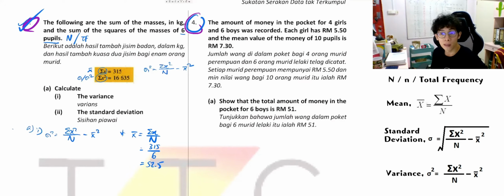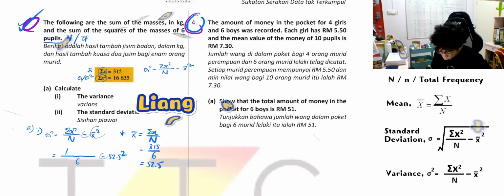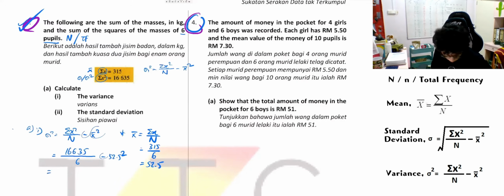So I'm going to get the mean and put it over here. I know I have to minus off 52.5 squared. Correct? This one done already. And we have to divide by how many pupils? 6. And the sigma x squared is given 16635. This one's simple. 16635 divided by 6.